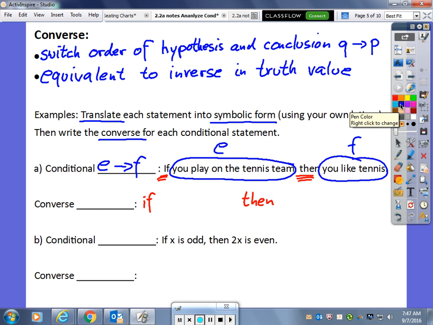But now F, in other words, you like tennis, will become our hypothesis. And you play on the tennis team will become our conclusion.